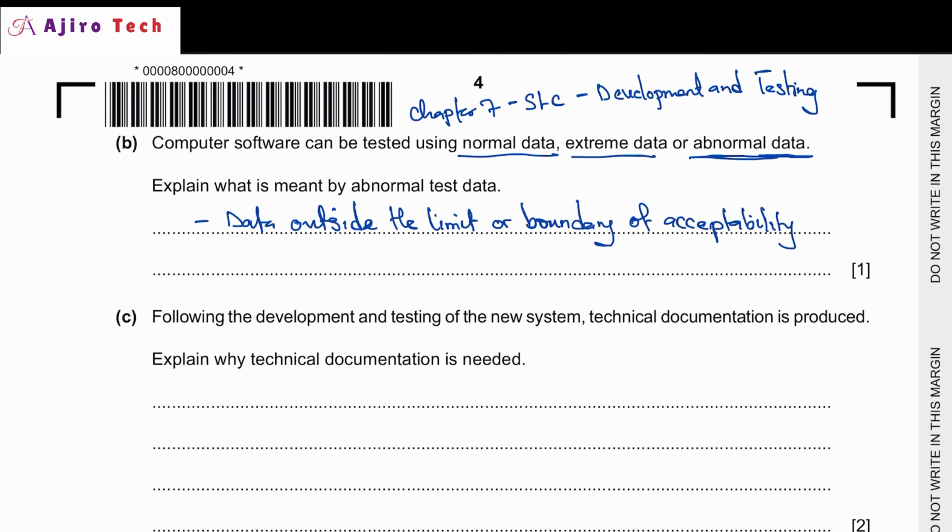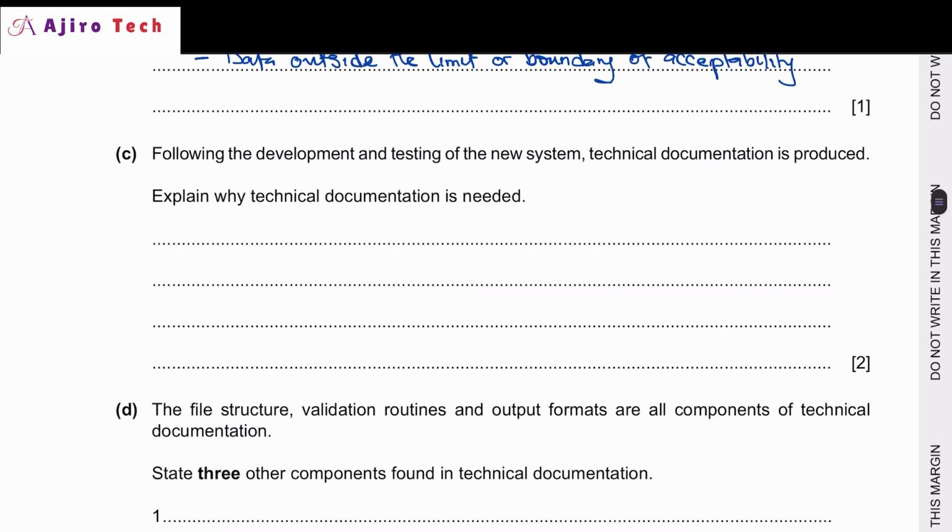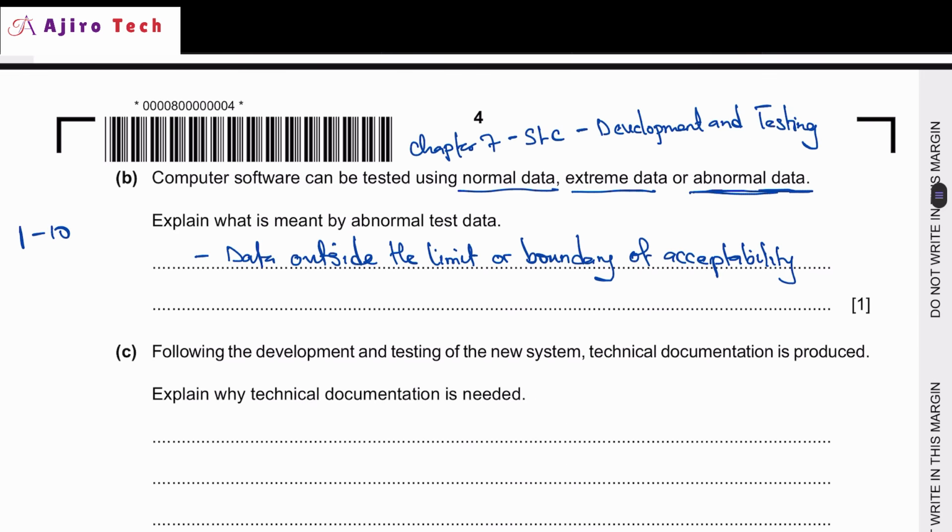A good example is a negative number. For example, if 1 to 10 was given, what's the abnormal test data there? 0, 12, -1, or even a letter. Hope that makes sense. I explained this extensively in variant 1, 11, and the video is there.